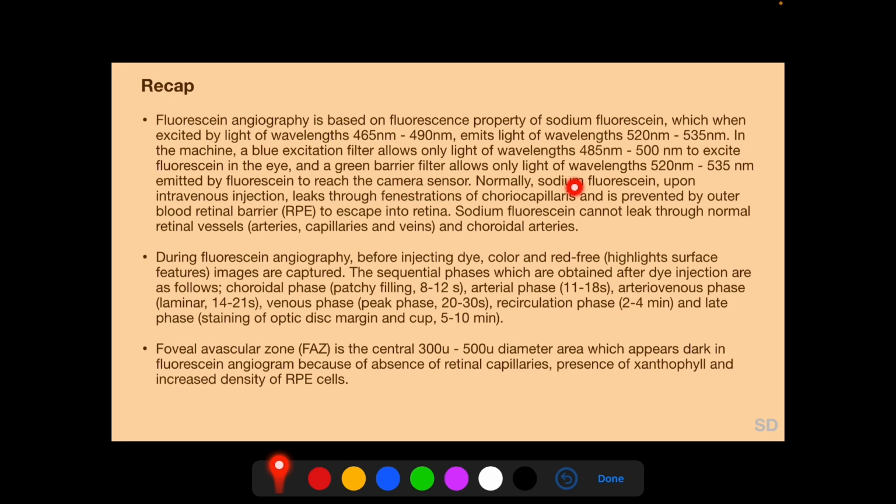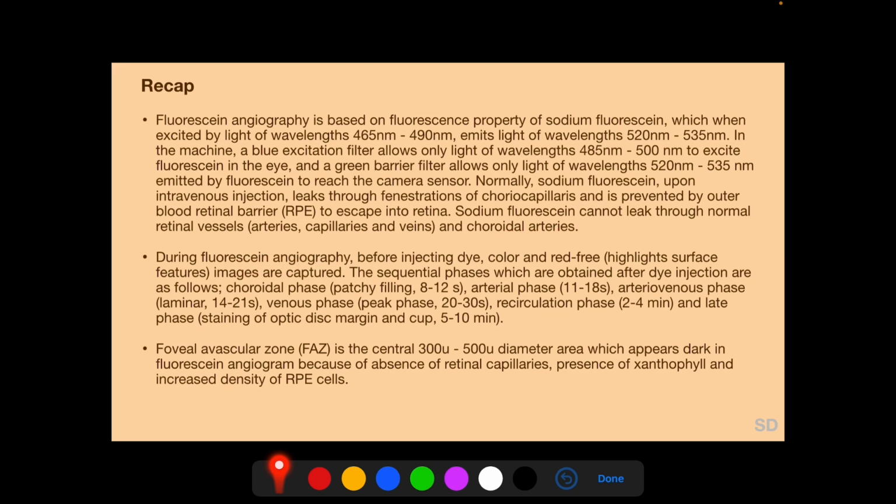Normally, sodium fluorescein upon intravenous injection leaks through fenestrations of choriocapillaries and is prevented by the outer blood retinal barrier, that is the retinal pigment epithelium, to escape into the retina. Also, sodium fluorescein cannot leak through normal retinal vessels, including retinal arteries, capillaries, and veins, and choroidal arteries.